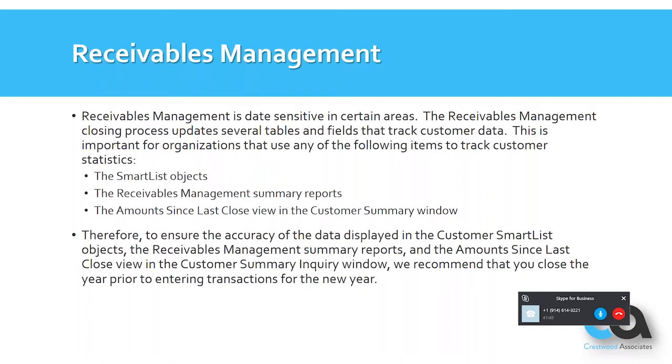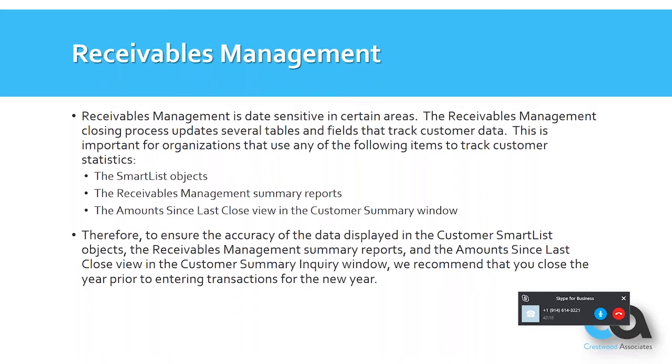Now, there are some windows where you can restrict it by the date of the transaction, and you can see it by calendar year and by fiscal year. But there are some spots that basically just look at the amounts since the last close. There are some SmartList reports and some windows that just look at the amounts since you closed the year. As long as you close the year at the right time, that's great.